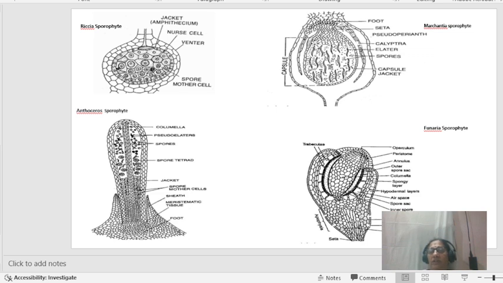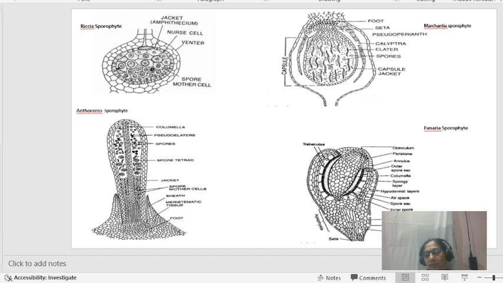These are the further sterilization. Further sterilization in Anthoceros, where you can see the foot embedded within the gametophyte, the meristematic tissues are present, the spore mother cells are present, the spore tetrads are there, along with elaters and pseudo-elaters.